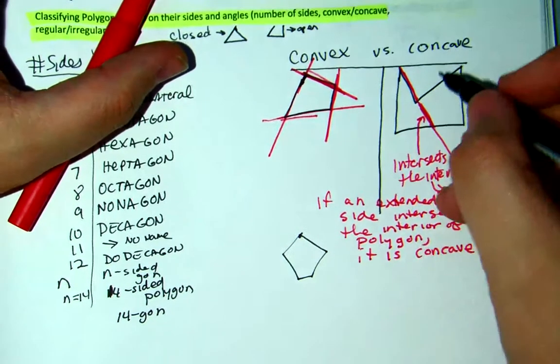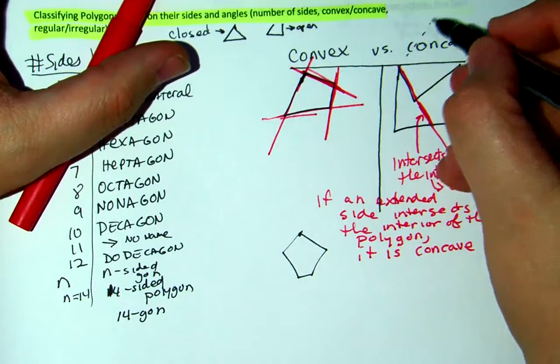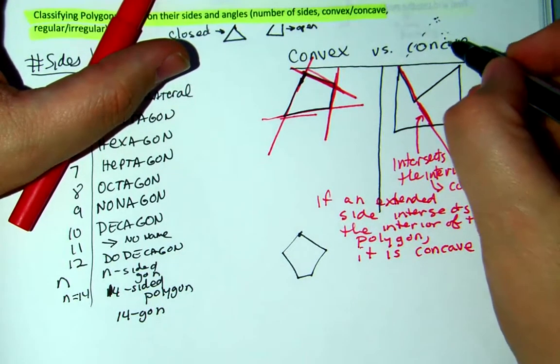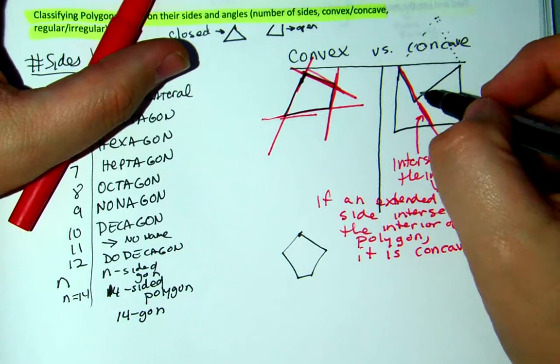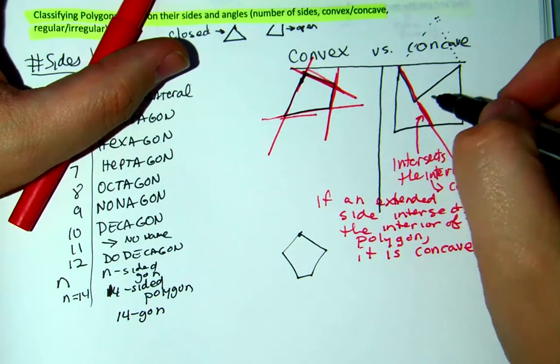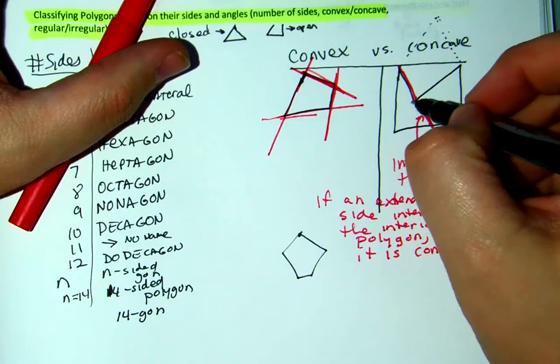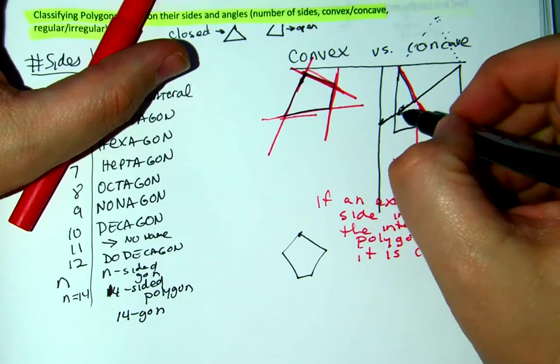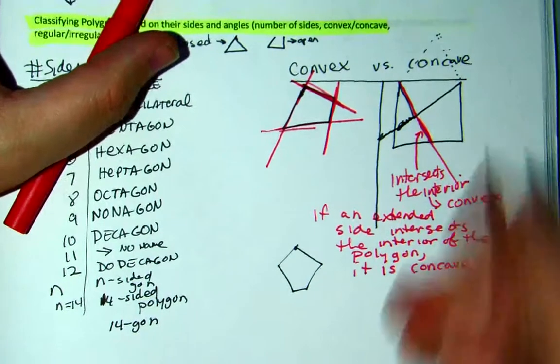And instead of going out to here and going out to there, it fell in. It caved in a little. So you have your cave in. And over here, if we extended this side through as well, over here is going to make it concave as well.